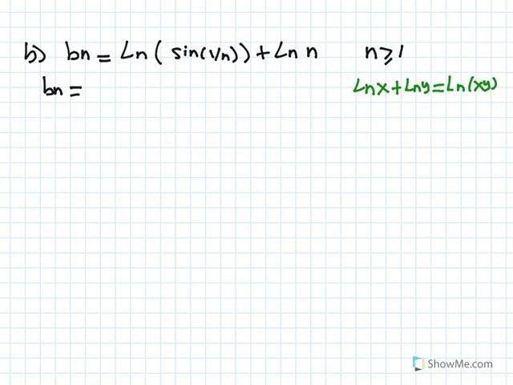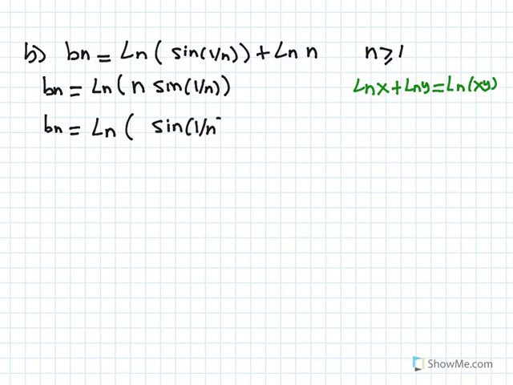So we have b_n equal to log of n times sine of 1 over n, applying the multiplicative property of logs. Now we can rewrite this using algebra. b_n is equal to log of sine of 1 over n divided by 1 over n.